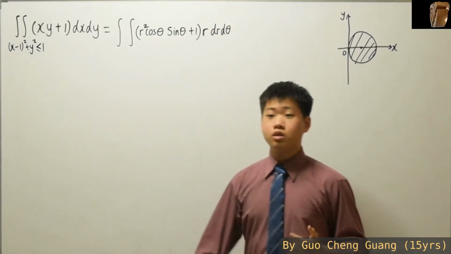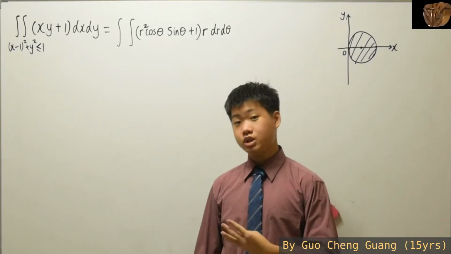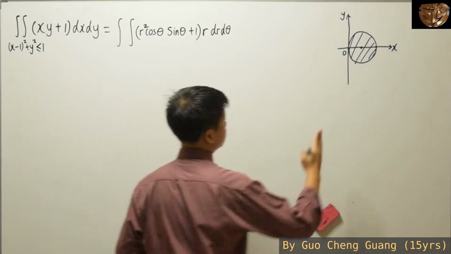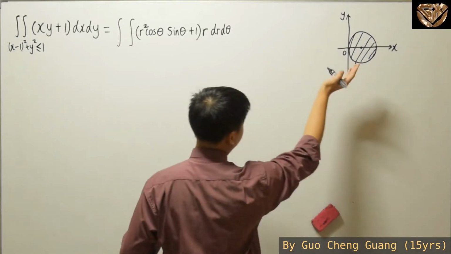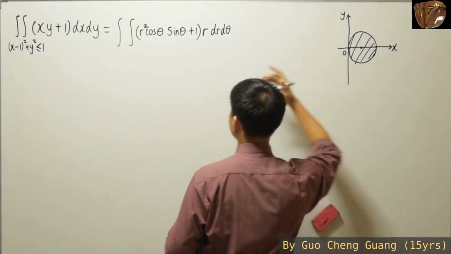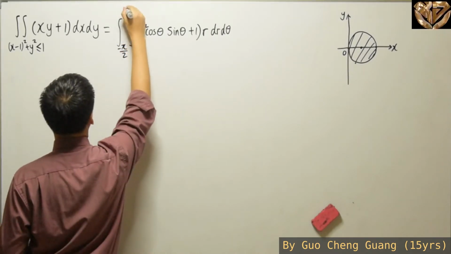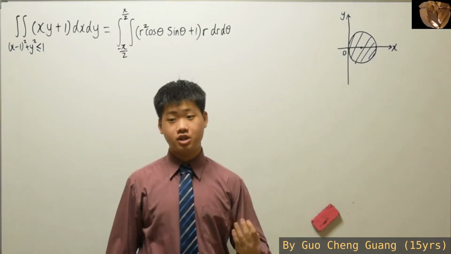Now we need to determine the ranges for r and theta. Theta is simpler to determine. Since this circle is only in the first and fourth quadrants, you can go from negative half pi to positive half pi. So this is your range for theta.